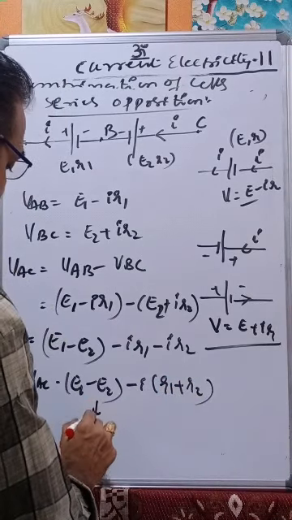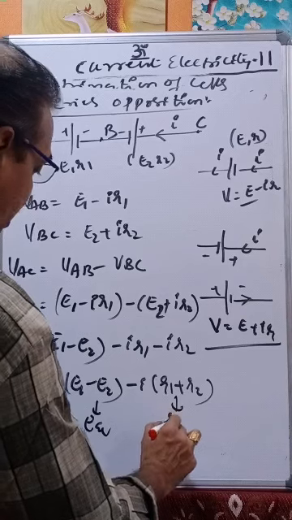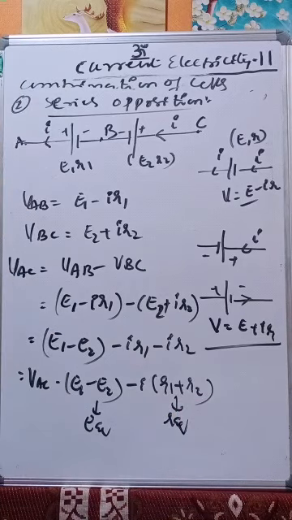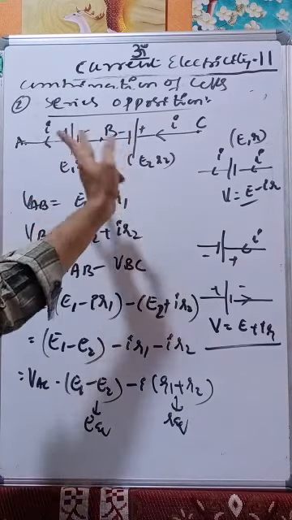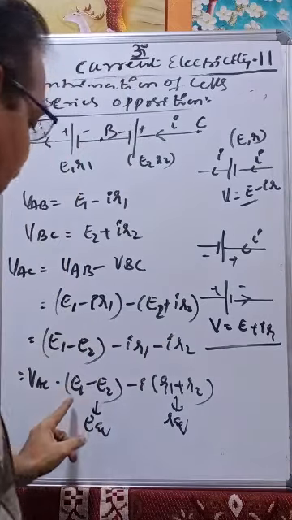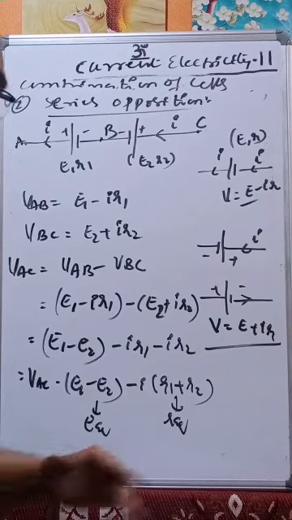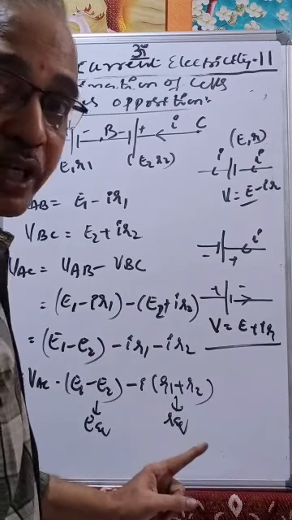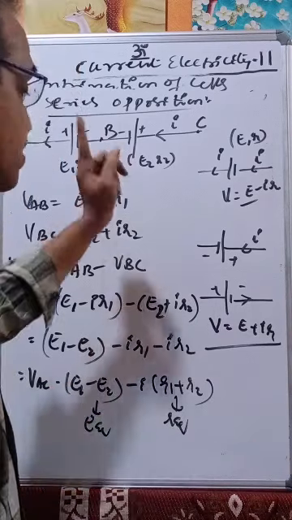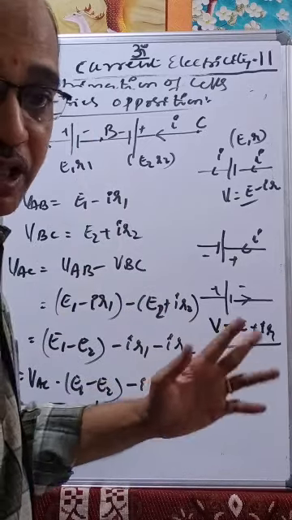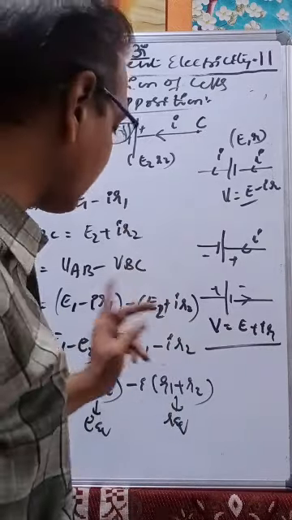This is E equivalent, this is R equivalent. If you observe, if cells are in opposition, we take E1 minus E2. If they are in the same direction, same series line, then we take E1 plus E2. But observe, resistance is the same in both cases, series aid or series opposition.